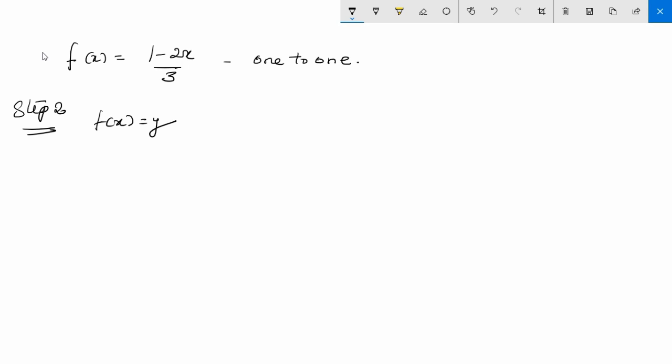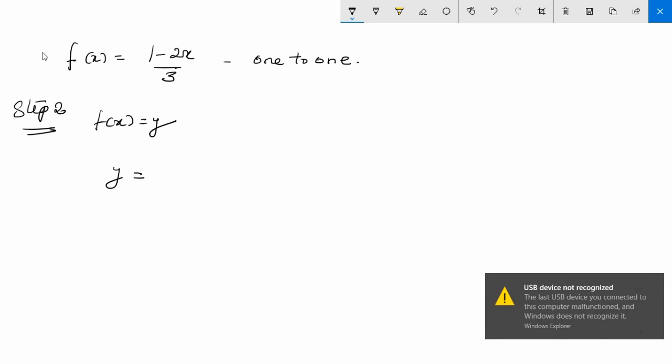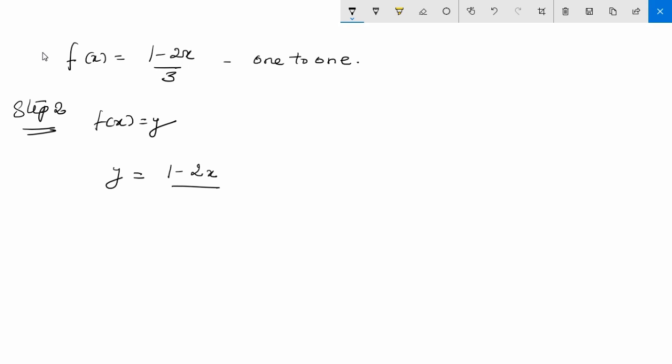So if you write f of x equal to y, you get y equals 1 minus 2x divided by 3.